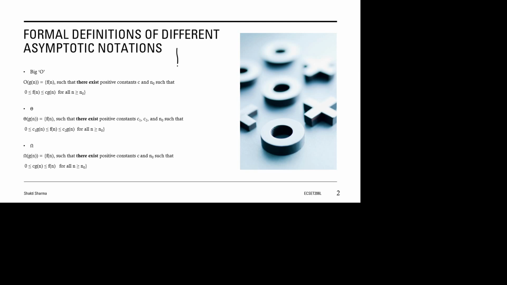We have a two-dimensional graph where the size of data is increasing on the x-axis and the time is increasing on the y-axis. Usually when you increase the size of data, the time taken increases, unless it's a constant time algorithm.